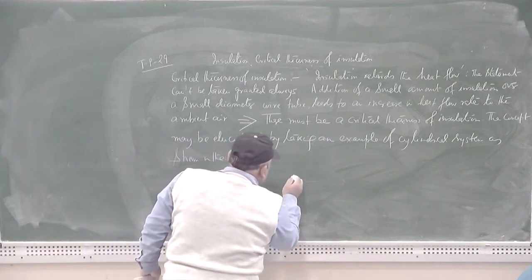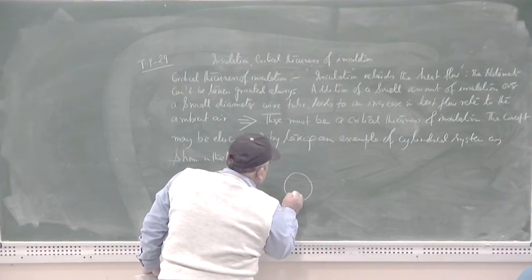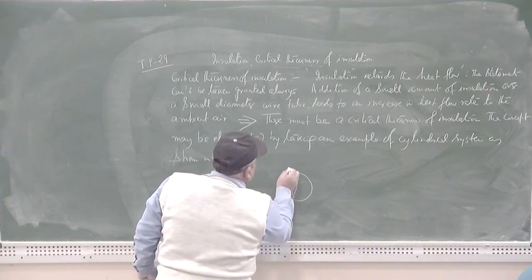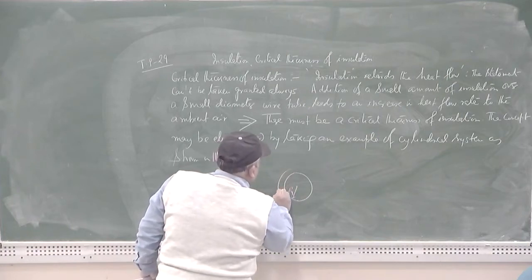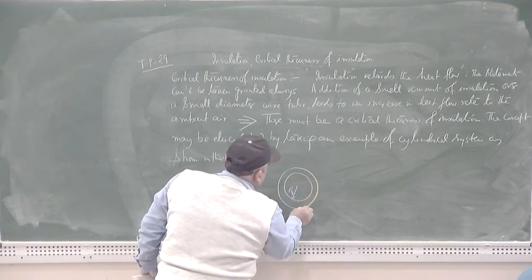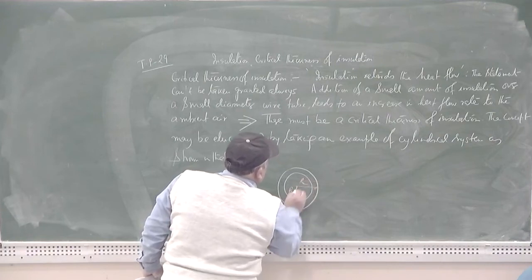Let us suppose this is the inner radius, R1, and this is the thickness, the outer radius, let it be R2.